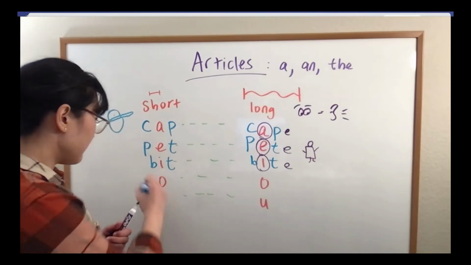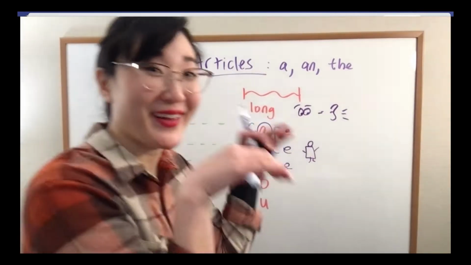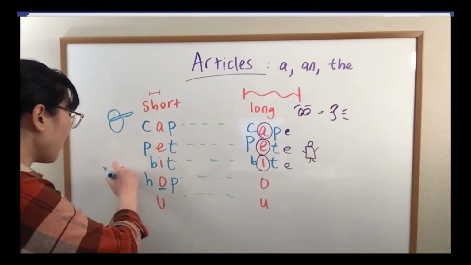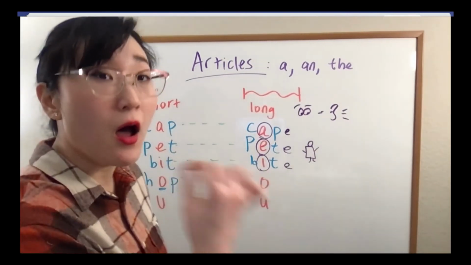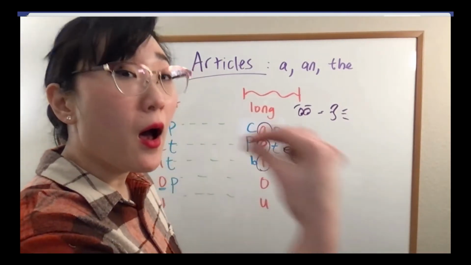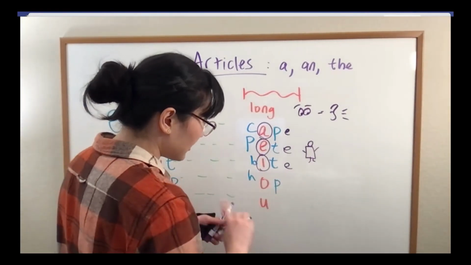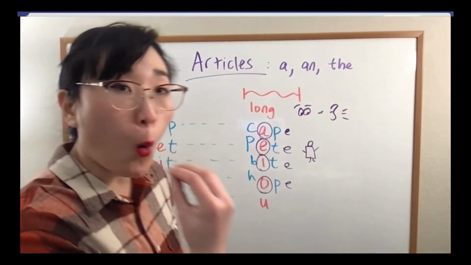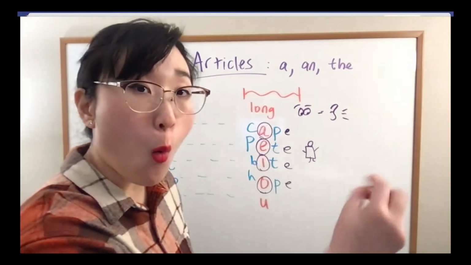Oh, what bunnies do, right? Hop. This is kind of like an ah sound. I see an O, but I pronounce ah, hop. Now over here, consonant, vowel, consonant plus an E. So a long vowel sound. Oh, hope. Hop, hope.